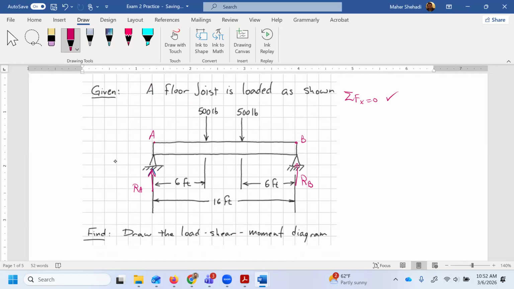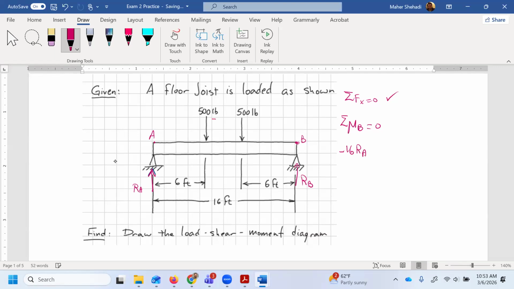So the second equilibrium equation is to take the moment, again, about any point you'd like. Let's take it about point B. So I have RA, it would be going in the clockwise direction, so minus 16 times RA.